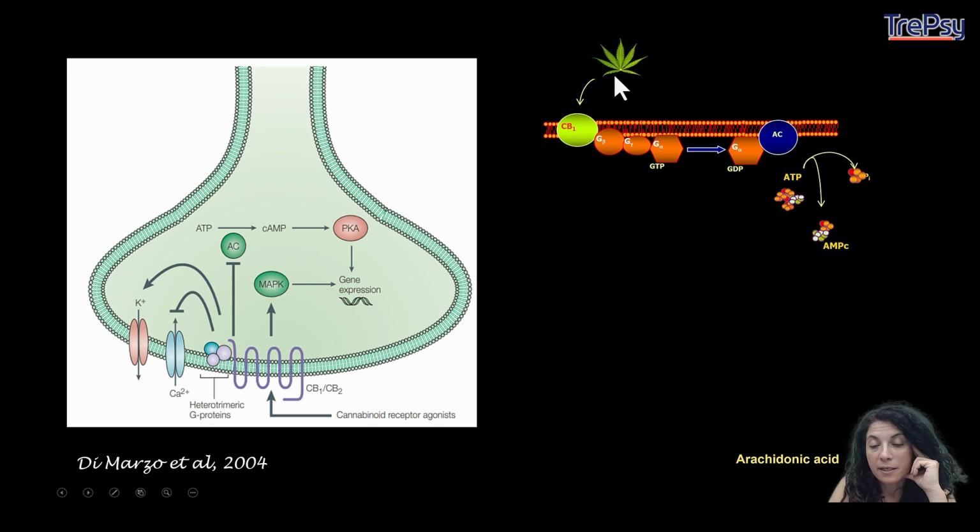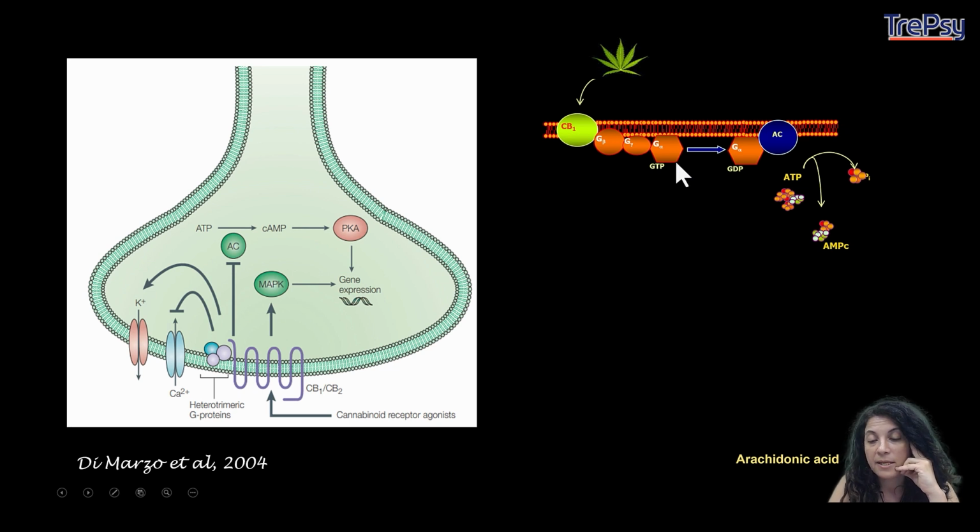So when the natural cannabinoids or endocannabinoids or synthetic cannabinoids bind my receptor, it activates a G protein that inhibits the adenylyl cyclase enzyme, and this enzyme blocks the synthesis of cyclic AMP.